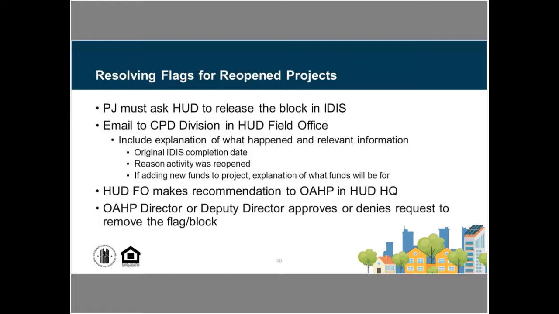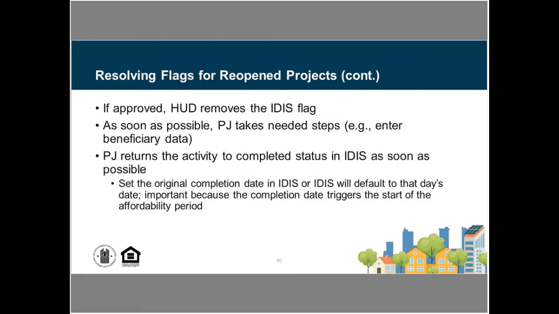If you were adding new funds, you'd be explaining what that was about, the amount of the funds, and what was happening with that. The field office is going to make a recommendation, and then either that will be, again, approved or denied by headquarters on whether that flag or block would be removed from that activity.